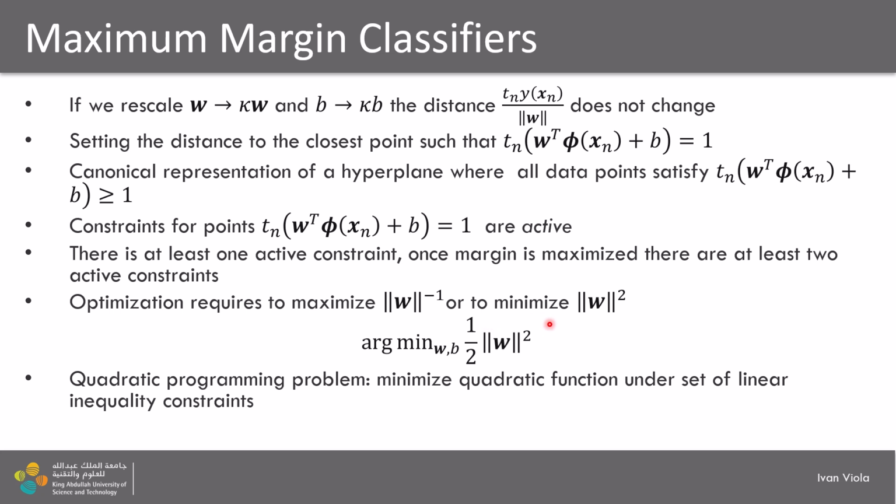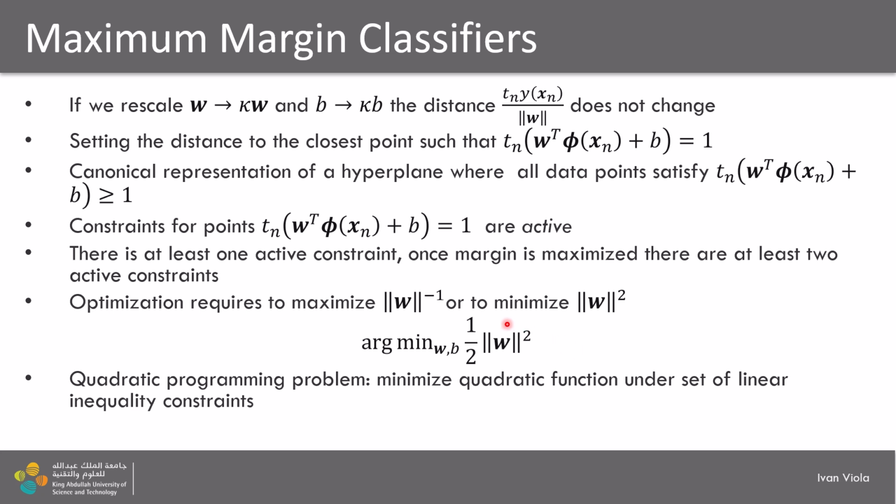That can be reformulated: we maximize the reciprocal of the length, and here we are minimizing the square length.